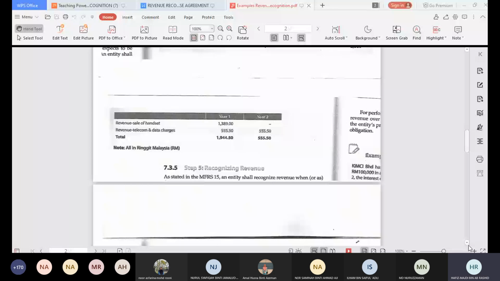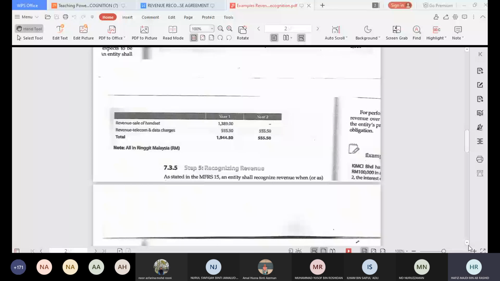So that is the issue with regard to prices. And last but not least, the final step is the company can recognize the revenue when it has satisfied its performance obligation.